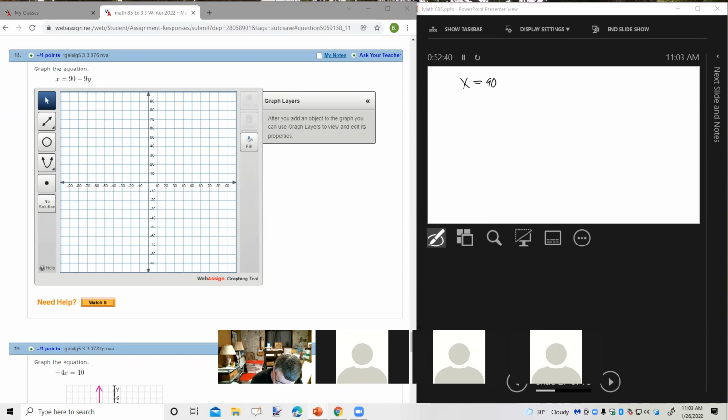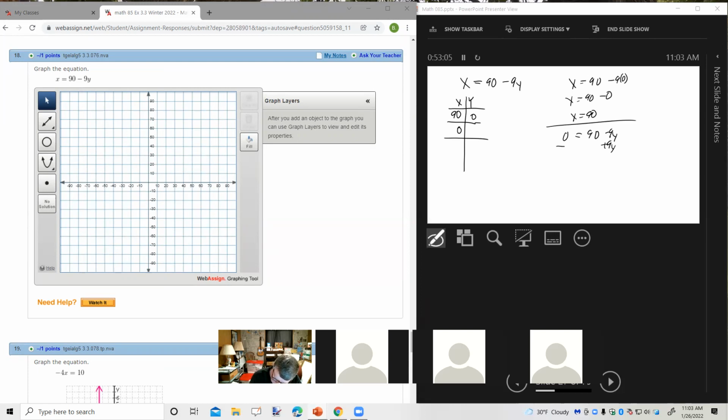X equals 90 minus 9y. If y is 0, x equals 90 minus 9 times 0, x equals 90 minus 0, x equals 90. If x is 0, 0 equals 90 minus 9y.